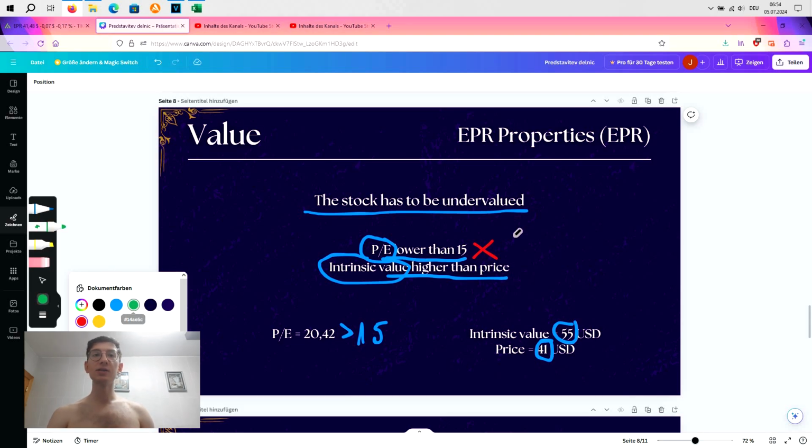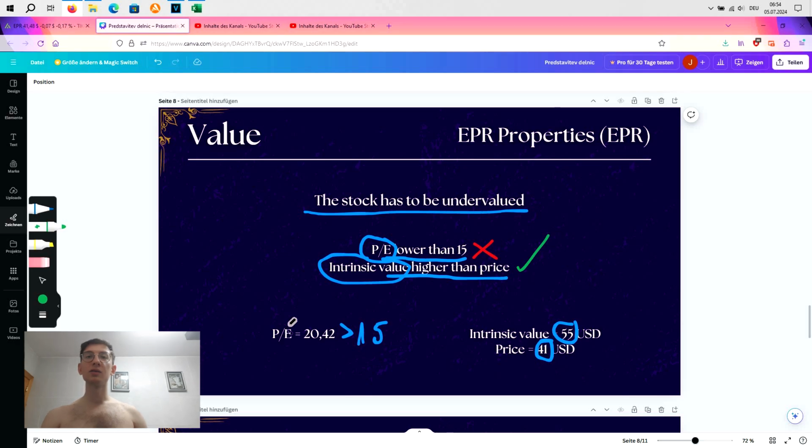So in terms of the intrinsic value, the stock is undervalued, because the intrinsic value is higher than the current price. Now, you can find both the P/E ratio and intrinsic value on the internet. Just turn on Google and write EPR Properties P/E ratio or EPR Properties intrinsic value, and you will find the information. Let me quickly also explain what the P/E ratio means.